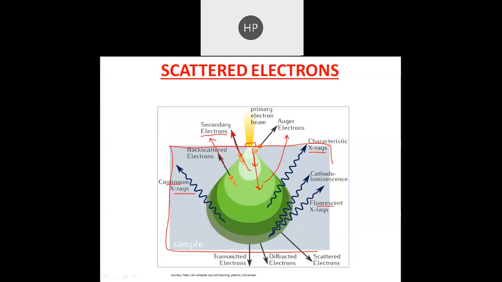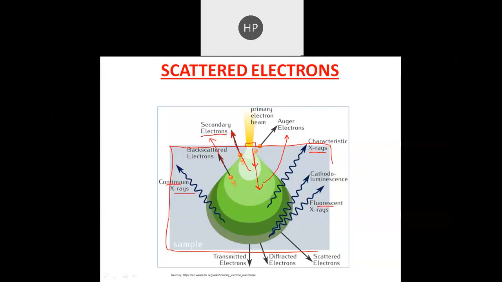As we talked earlier, secondary electrons have a low energy, so they are reflected back, but they will give you a high resolution, because having low energy, they come out quickly and give you a high resolution image of the specimen.